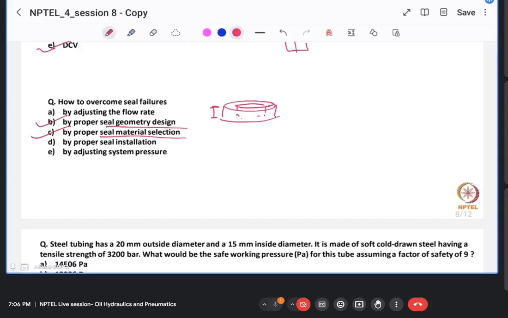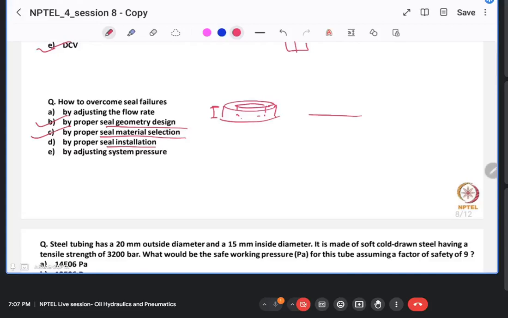Whether this particular seal material is able to resist and sustain that comes into the picture. So proper seal material selection is important. Next, by proper seal installation, it needs to be installed properly, so that the clearances are optimally maintained, and it sits properly in the piston.